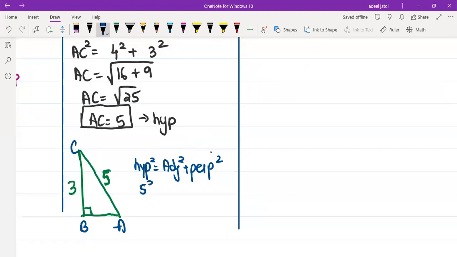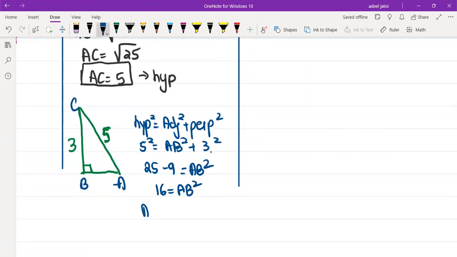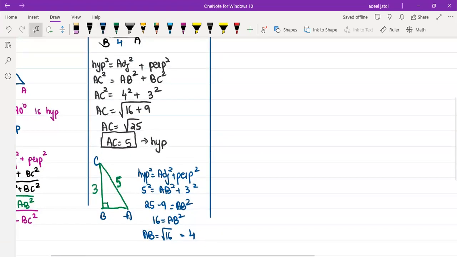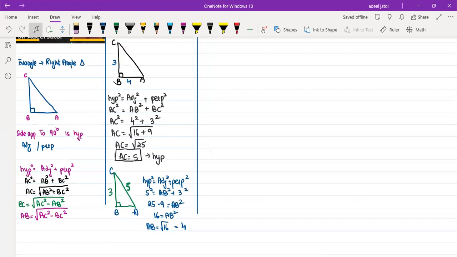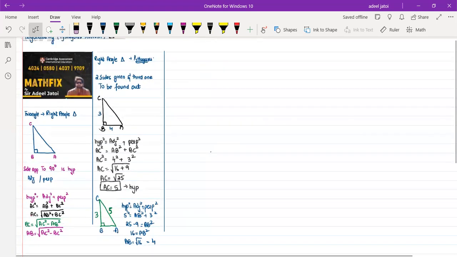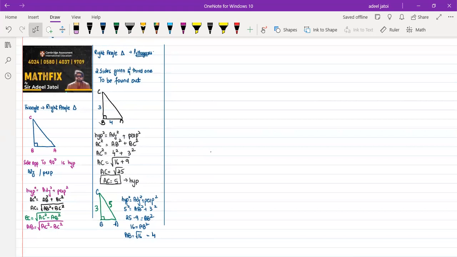So this should be 5 square equals AB square plus 3 square. 25 minus 9, because 5 square is 25, 3 square is 9, 3 goes on the other side, becomes negative. You're left with what? AB square. This would be 16, AB square, and obviously under root 16 is 4. So AB will be 4. So that means in both ways, your two sides will be given, and you will need to find out the third side in Pythagoras theorem.